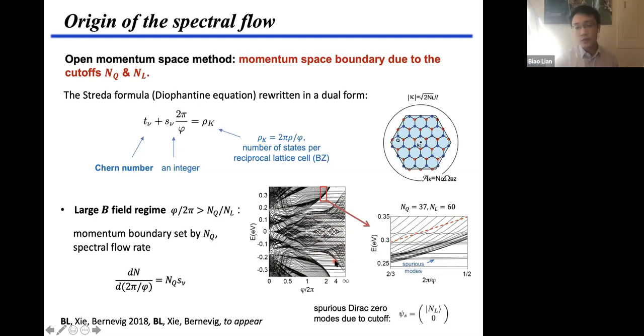This is specific for the Dirac models because this is a twisted bilayer graphene model, which contains the free electron kinetic energy as the Dirac fermions. And for Dirac fermions, they contribute additional spurious Dirac zero modes due to the Landau level cutoff. Basically, this state becomes a zero energy state of the kinetic energy under the cutoff. And these states should be deleted when you count the number of flows.